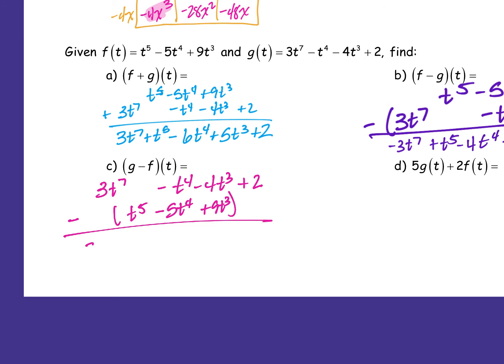So I'm going to get 3t to the 7th minus t to the 5th plus 4t to the 4th minus 13t cubed plus 2. Pretty much just the opposite sign of what was above.